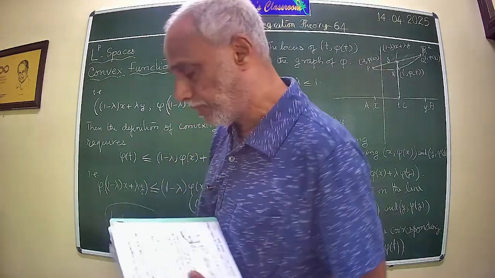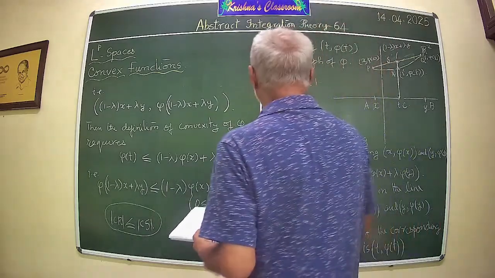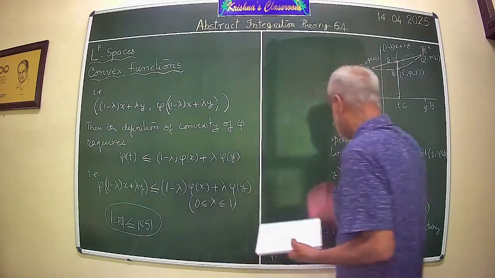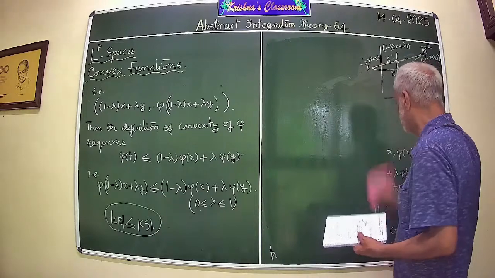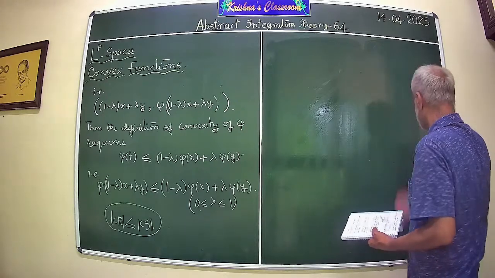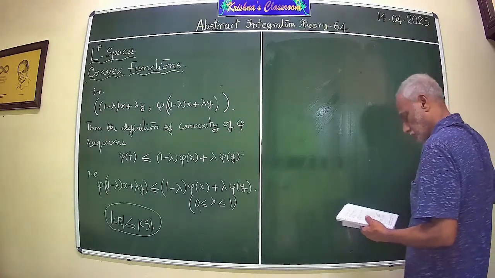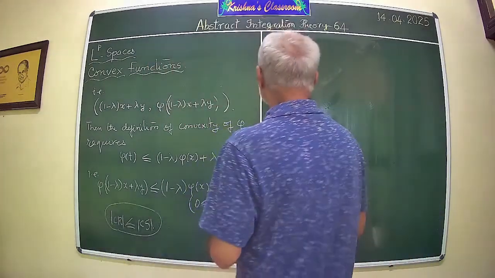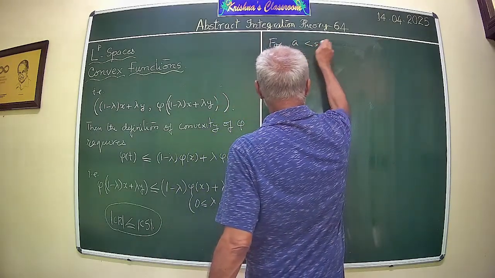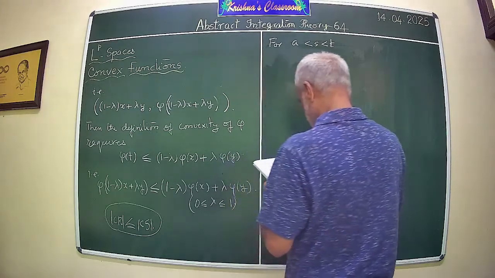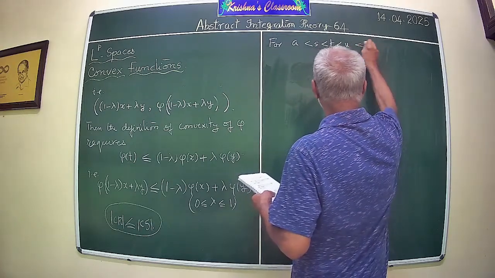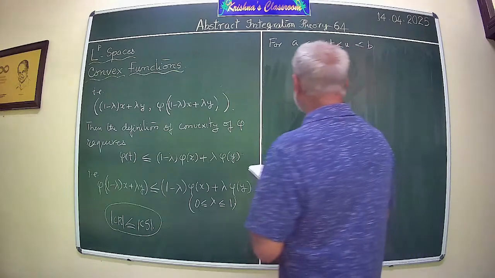Now the same thing can be reformulated as follows. For A less than S less than T less than U less than B, we have phi t minus phi s.